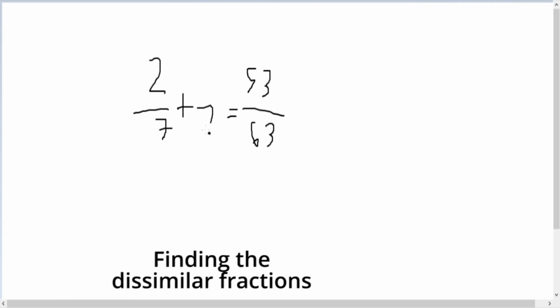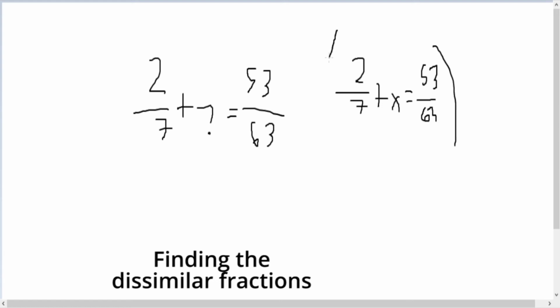If this is the question mark, you need to rewrite this x that we said earlier, these rational expressions. This one is a bit harder to solve. So what you need to do is write this x first, 53 over 63. Now you need to find the LCD of 7 and 63. These are the two numbers that we need to solve this problem.